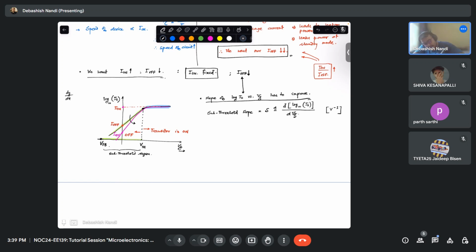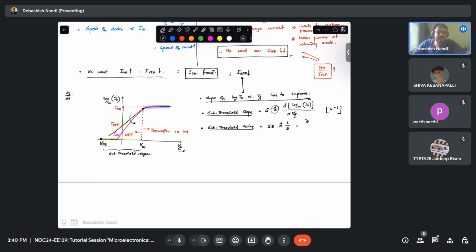Okay. There is another parameter that is called your sub-threshold swing, and that is nothing but 1 over S. By the way, what is this symbol? Can anyone tell me? You should know this. This is called defined as.